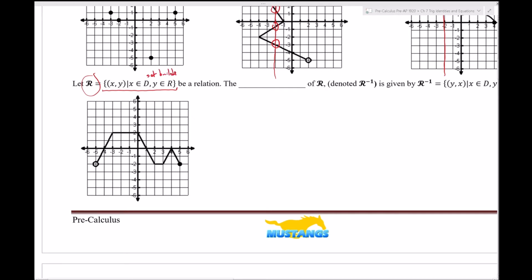That's a fancy thing we might have seen in Algebra 2. Mathematicians use set builder notation to communicate to other mathematicians what this set looks like, how you build or construct the set.